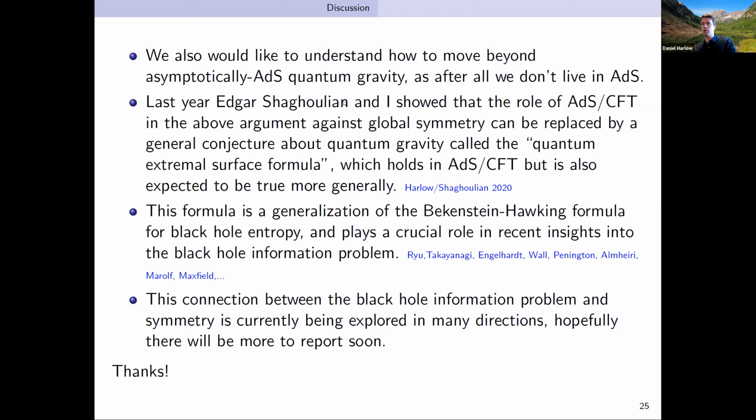Let's see, the second question was this: the argument seems rather semi-classical. I think the quantum part was pretty important because we were using algebras of operators. Basically there were several ingredients that were pretty algebraic.